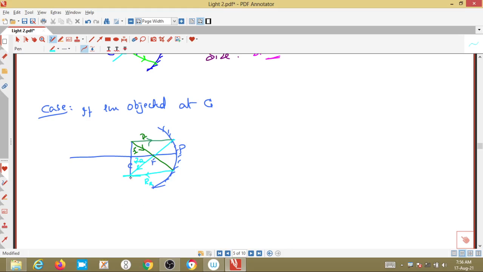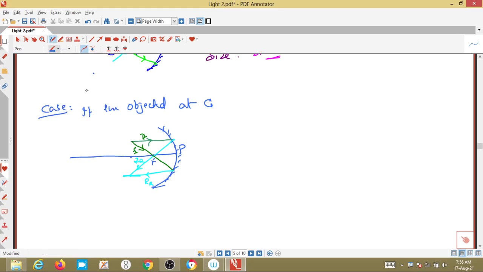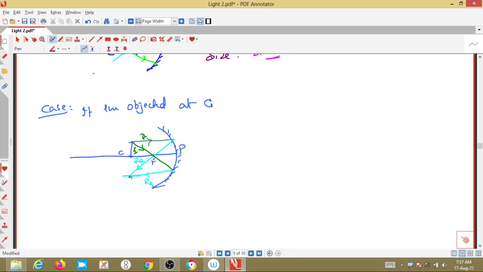So where is the image formed now? The image is formed here, right? The image is formed at this position. See, where was the object placed? The object is placed here. We have placed it at point C, and the image is formed at the same place, at point C. Okay, the image is formed at C itself.